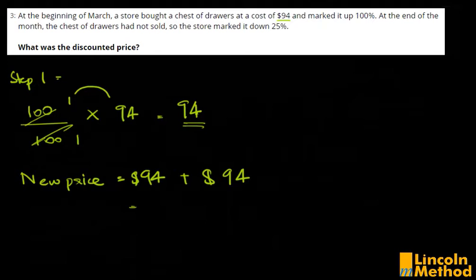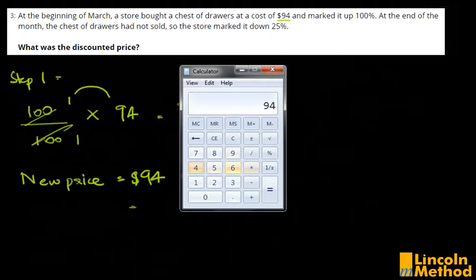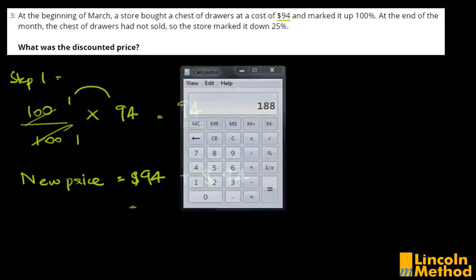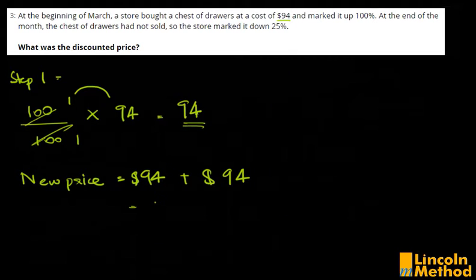So let's add 94 and 94. 4 added to 4 is 8, and 9 plus 9 is 18. So that is 188. That's $188. So this is the new price after it has been marked up by 100%.